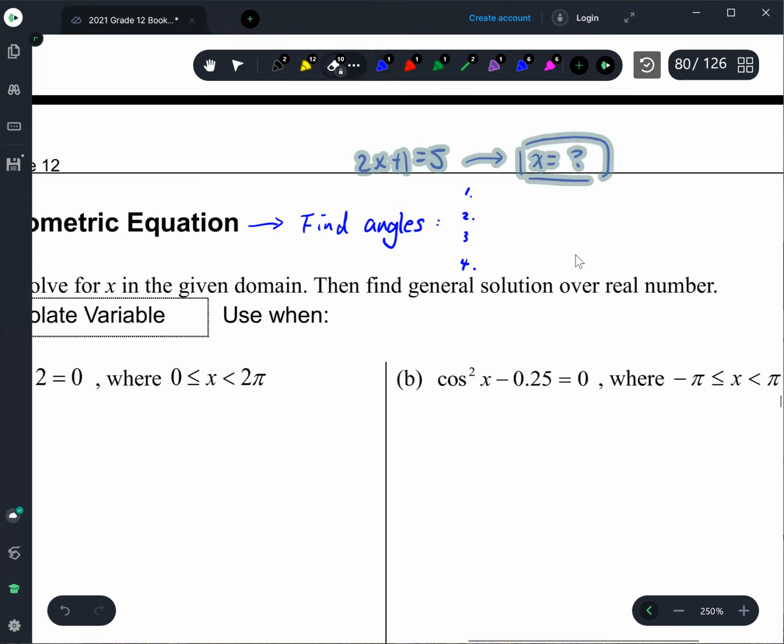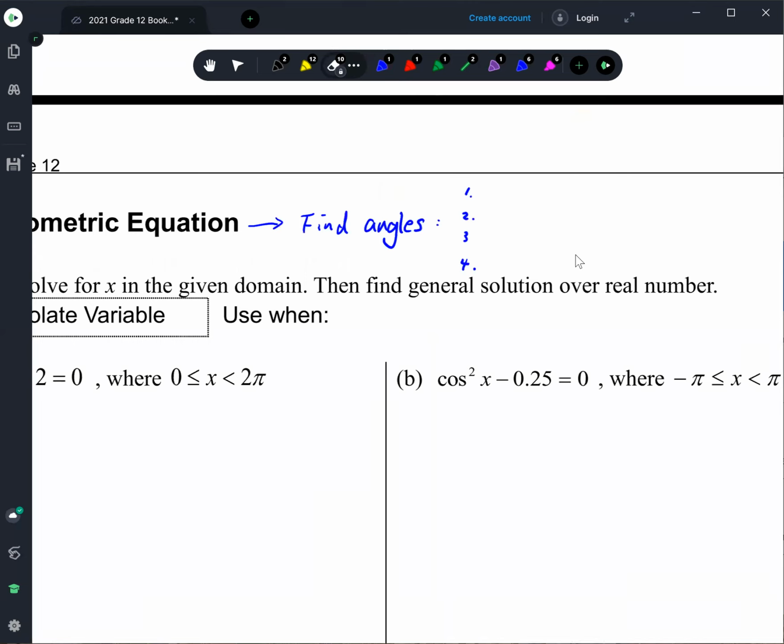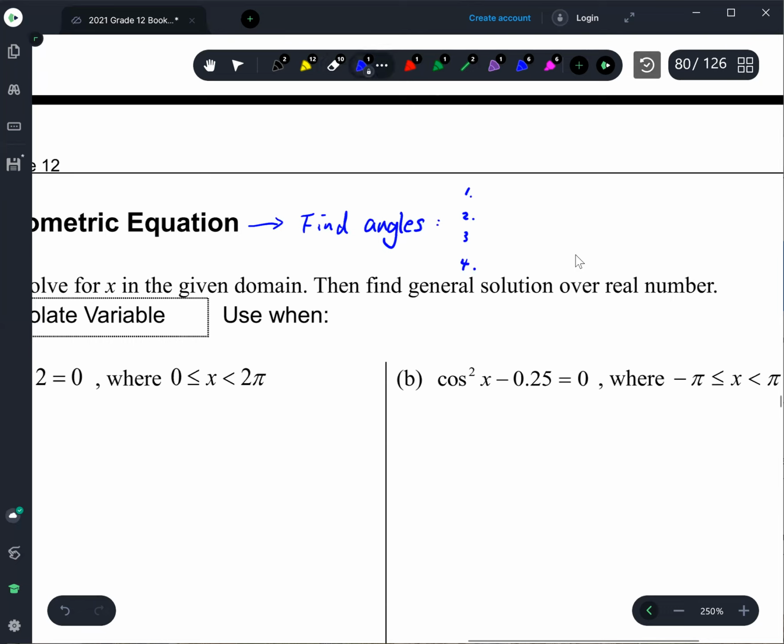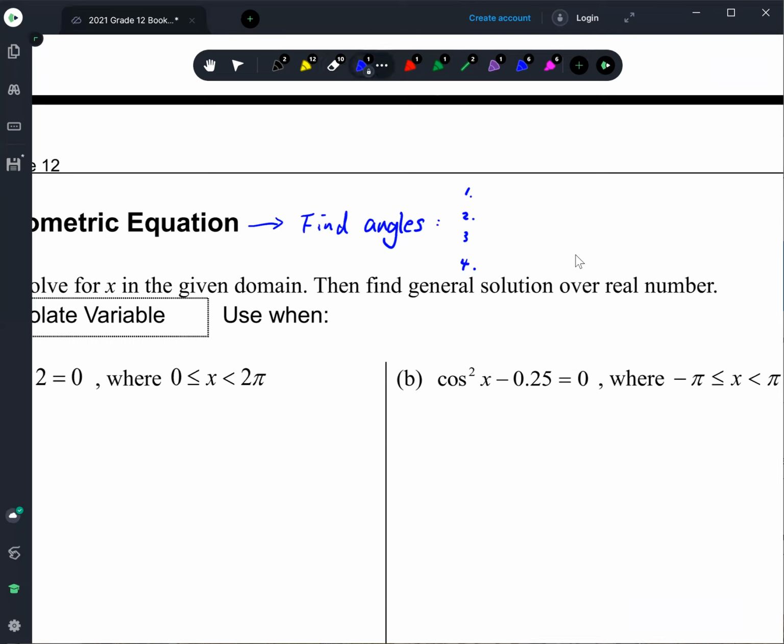If you found the notes, you can raise your hand. Let's review the 4 steps, we'll need that here. It's in part 1, when we learn find exact value, and then the backwards is find angles. If you're able to find that page, or if you know the 4 steps, please raise your hand.